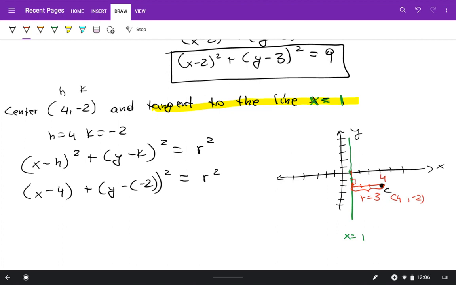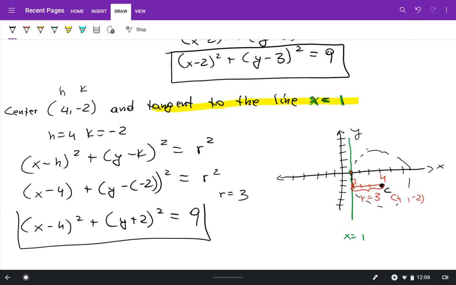And again, you don't need to sketch the graph, but the radius is 3. So it should be something like this. That will be our circle. So we have (x - 4)^2 + (y + 2)^2 = 3^2, which will be 9, and that will be the equation.